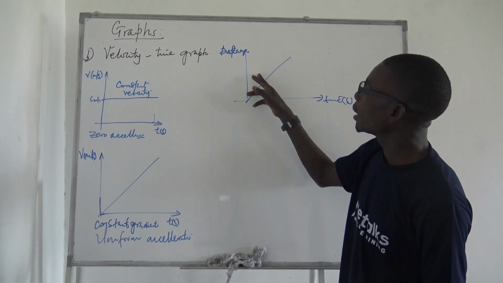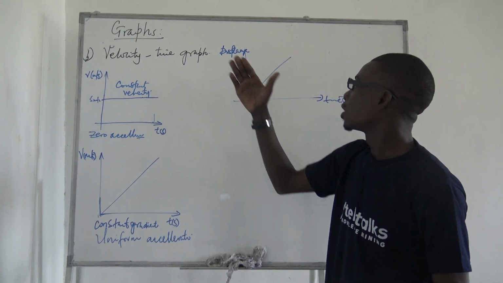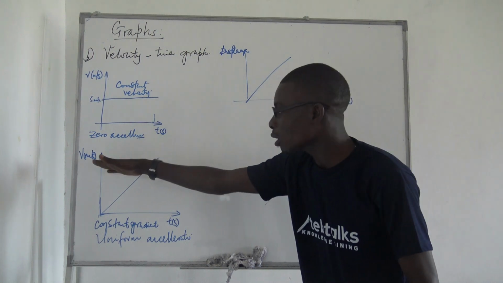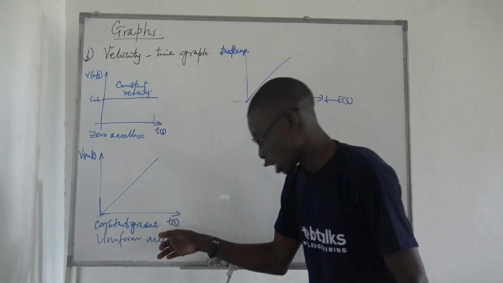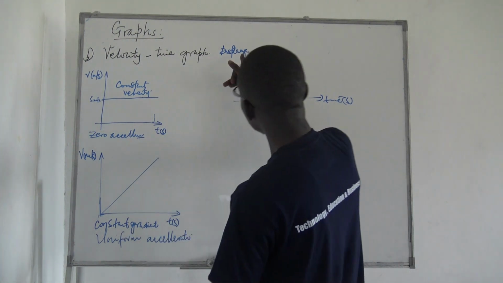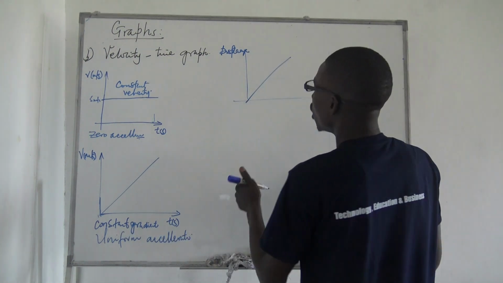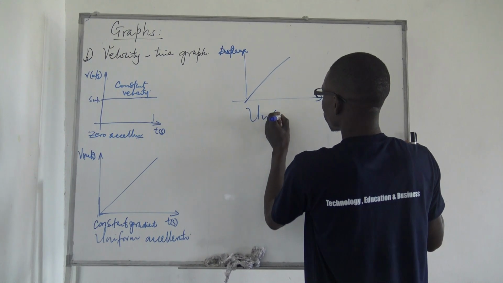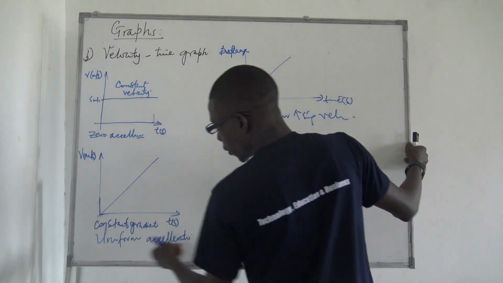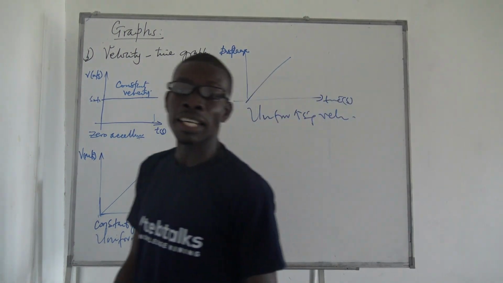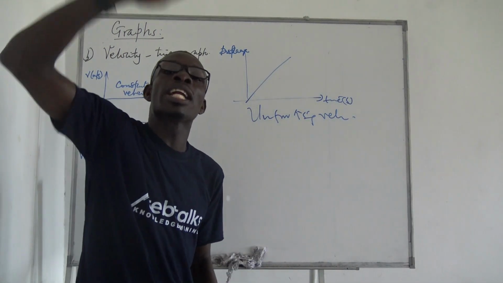Here we are looking at distance changing steadily with time. But here, velocity changing steadily with time. And if distance is changing steadily with time, we say uniform velocity. But here we say it is uniform acceleration, because by the fact that we are saying it is acceleration, that is already an increment.